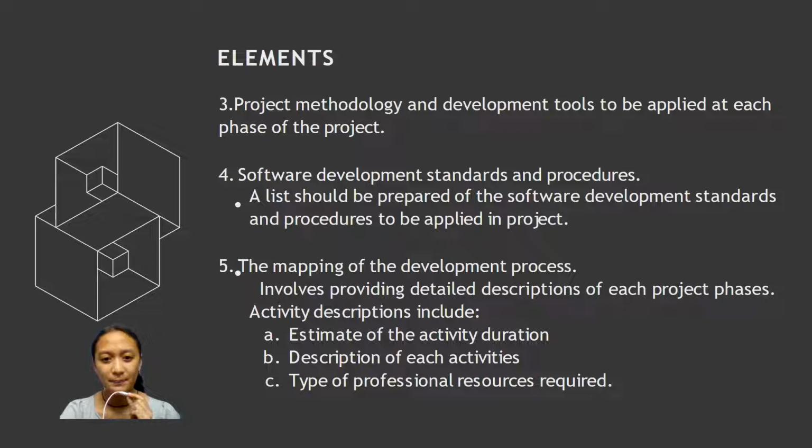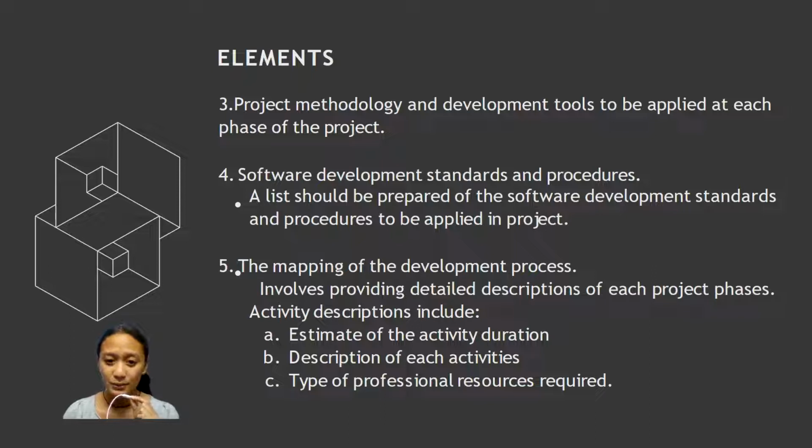Fifth is the mapping of the development process, which involves providing a detailed description of each project phase. So this activity description includes three factors. First is the estimate of activity duration.